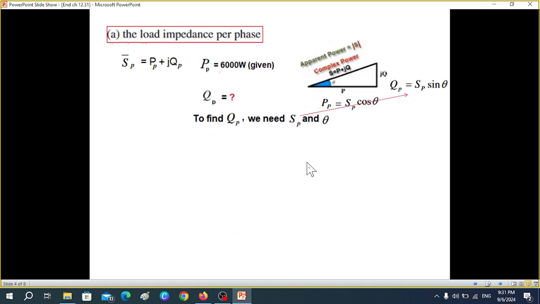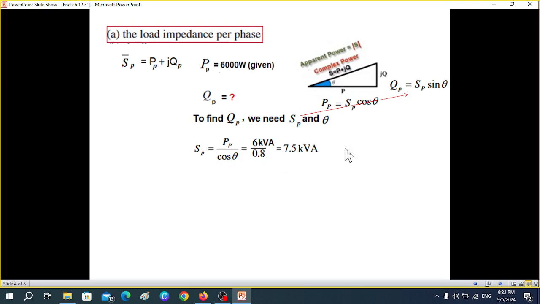Let's see. To find QP, we need SP and theta. And SP can be found from here, which is SP is PP divided by cos theta. Now per phase power is given, 6000 watt or 6 kW. Cosine theta is the power factor, 0.8 given.